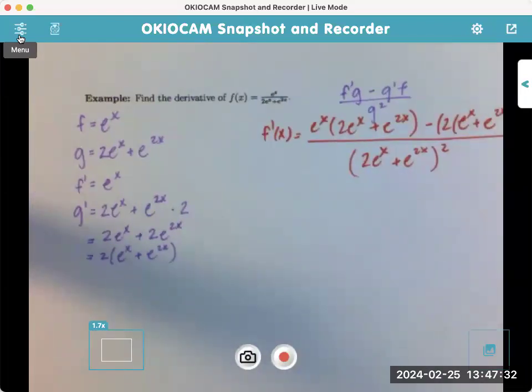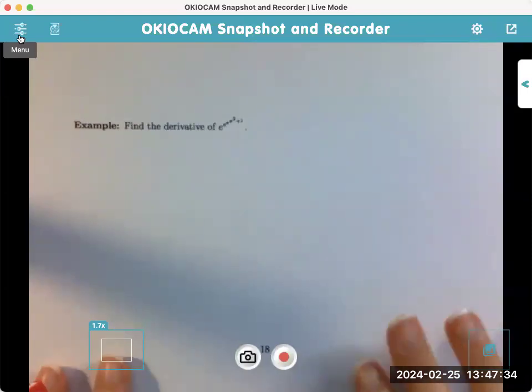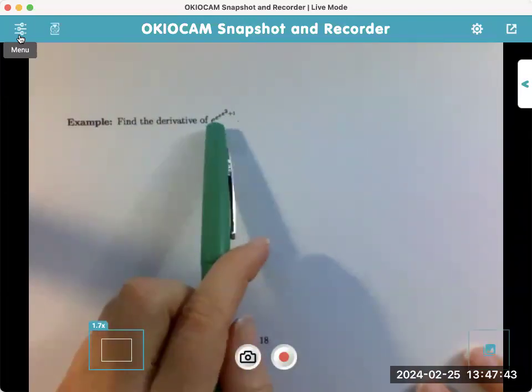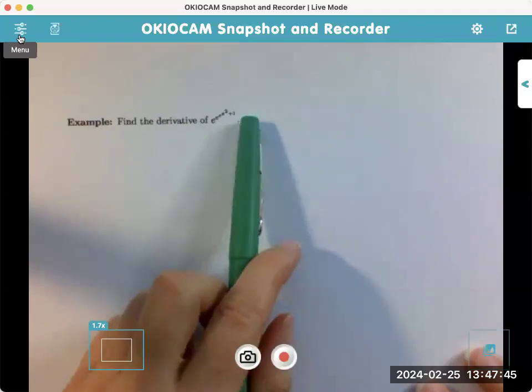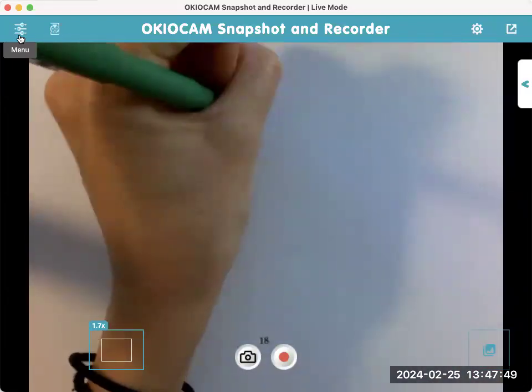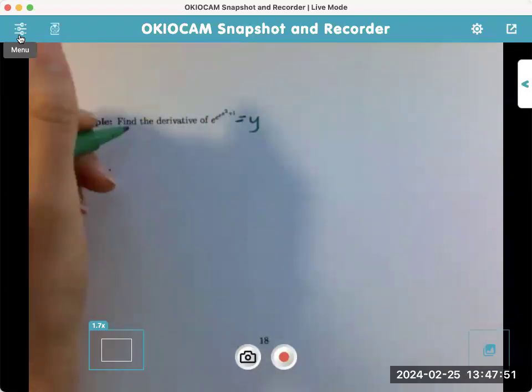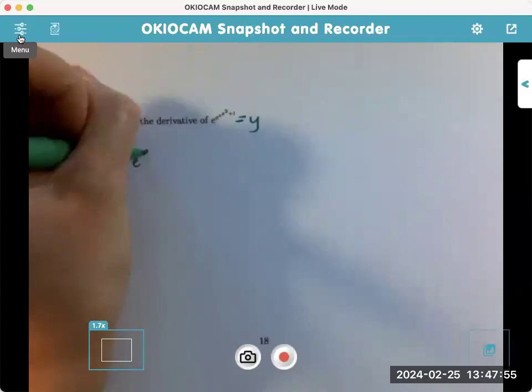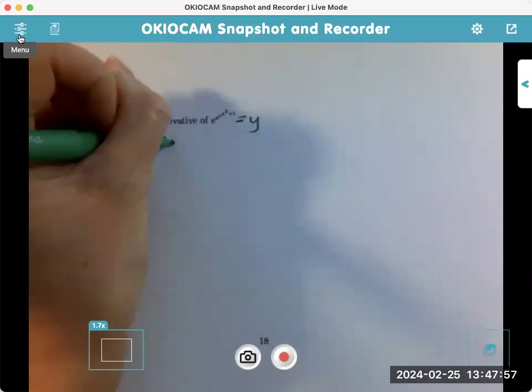Okay, now this is just a crazy one, just for funsies. This is the derivative of e raised to the e to the x squared plus 1. So y prime, if we're calling this y, is equal to, copy paste job, e to the e to the e to the x squared plus 1.